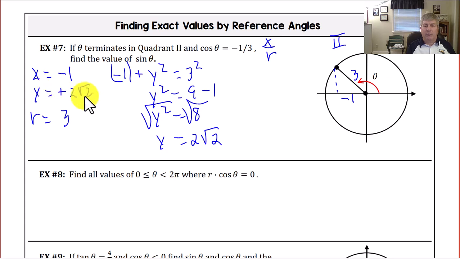Our x value is negative 1. We can find all of our trig functions, but we're just asked to find the sine of theta. So the sine of theta equals the square root of 2 over the square root of 3. It's y over r.